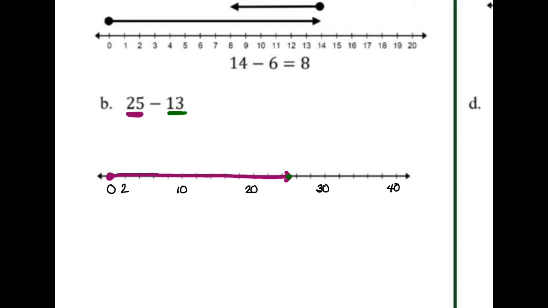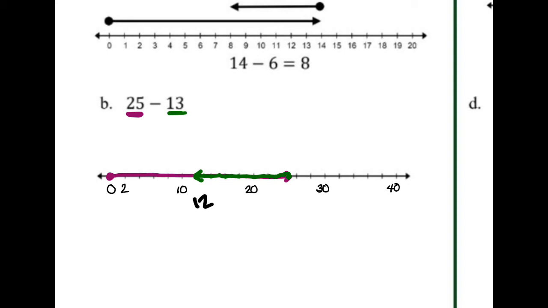Counting by twos isn't necessarily the best idea here, but 1, 2, 3, 4, 5, 6, 7, 8, 9, 10, 11, 12, 13. See, we're going backwards down the exact same arrow. That's technically what you're doing, and you end at 12, so that's our answer.